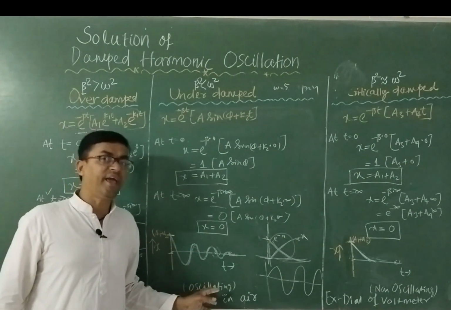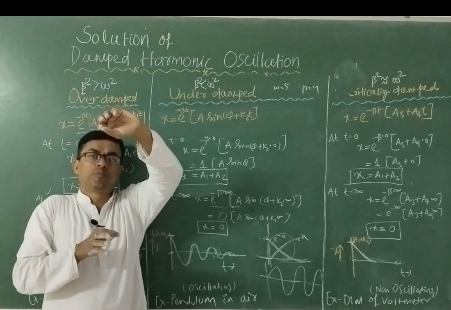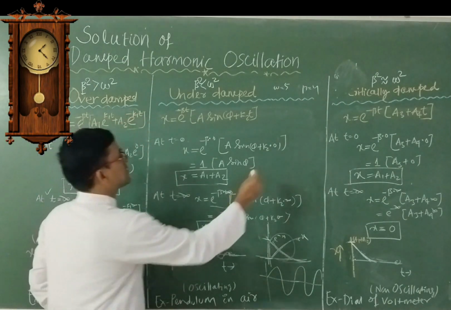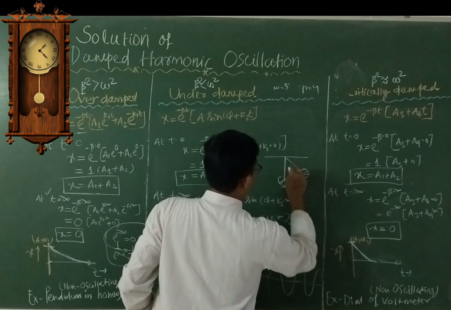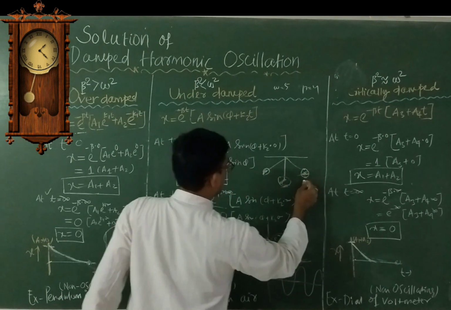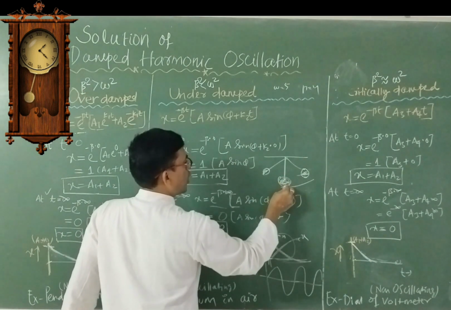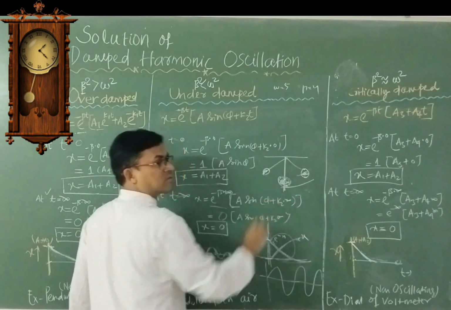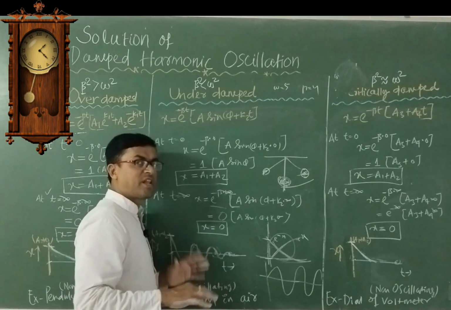But if you consider air, when the pendulum is coming down to the equilibrium position, it is not stopped at the equilibrium position, because this air medium doesn't have that much resistance like the honey.